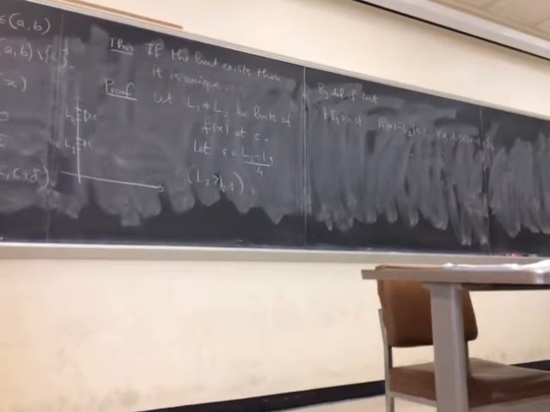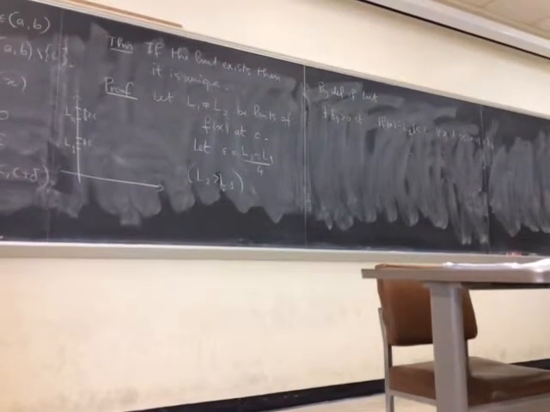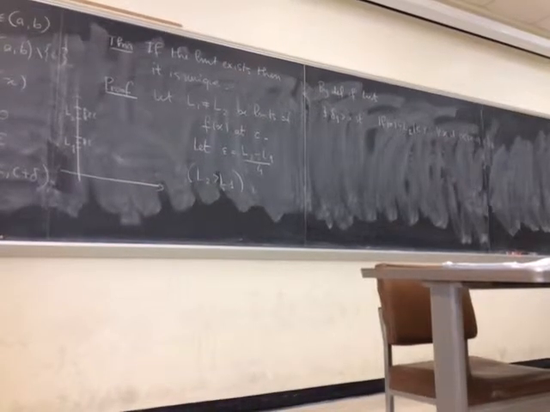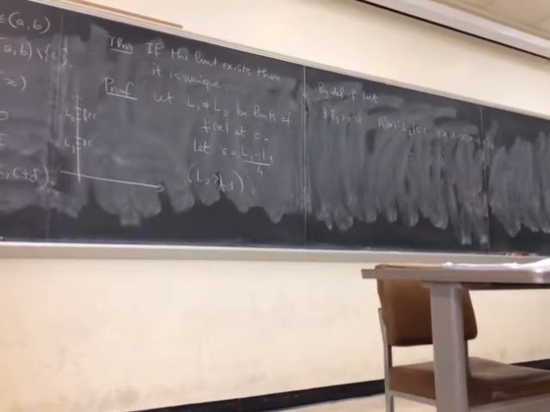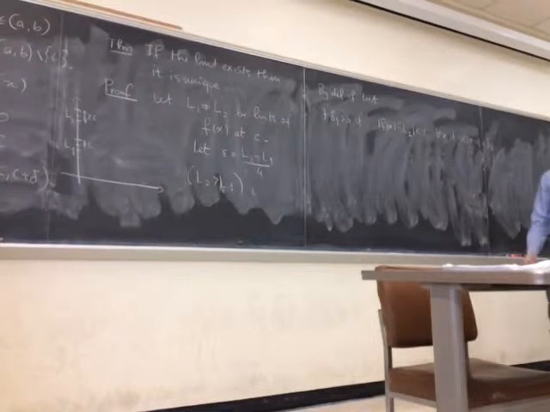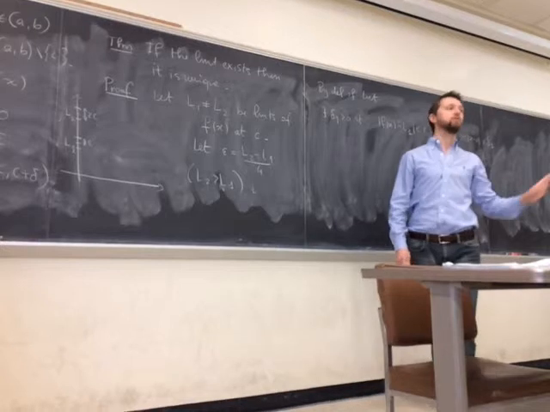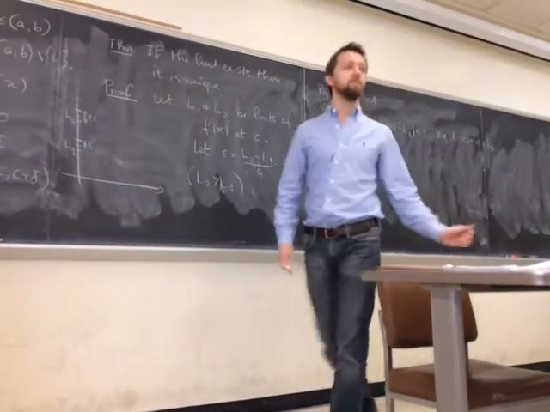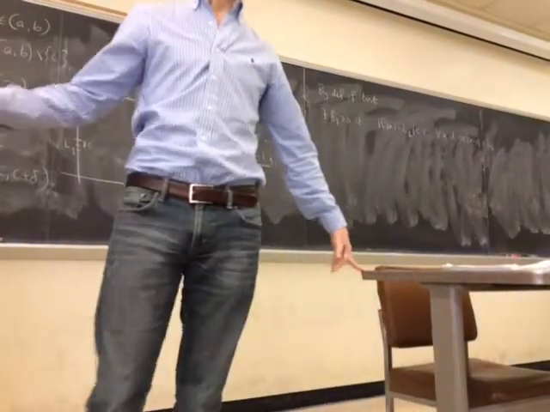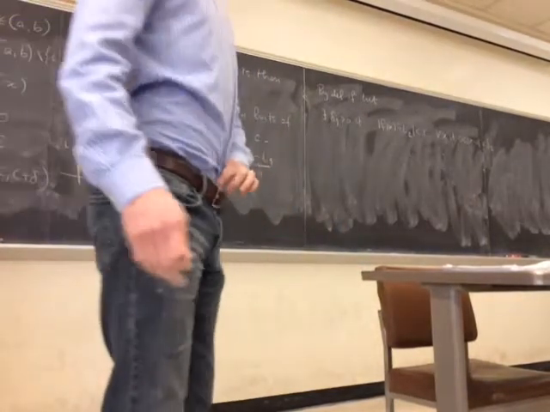I can also write 0 strictly less than |x minus c| strictly less than delta. They're all equivalent. Probably I will stick to this one because it's the one that allows me to write the least. But they're all the same.